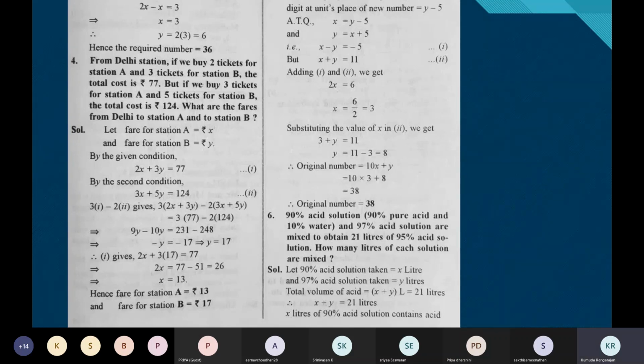That's the other equation: 90 by 100 x plus 97 by 100 y is equal to 95 by 100 into 21. Now I want one of you to repeat this.